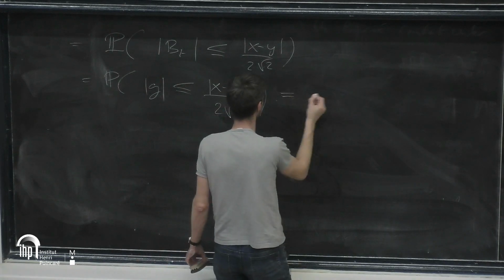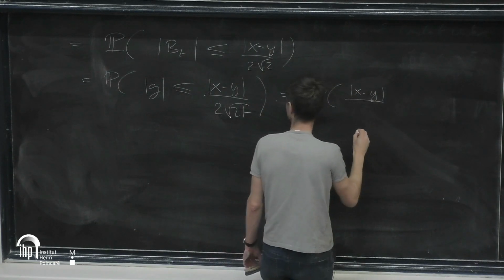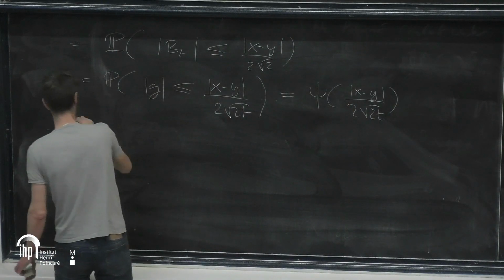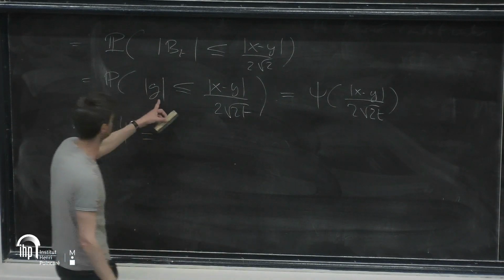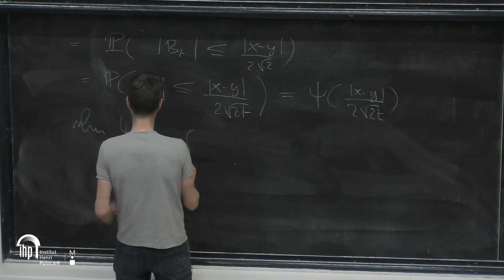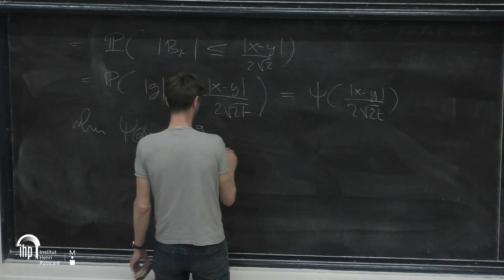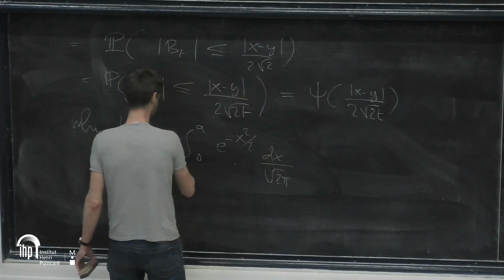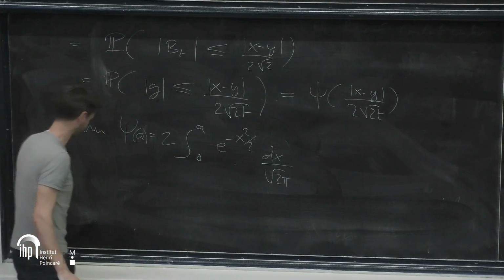Let me call phi the distribution function of this guy. So it's the integral from 0 to a of e to the minus x squared over 2, dx over square root 2 pi, and maybe there is a 2. And then you're done.